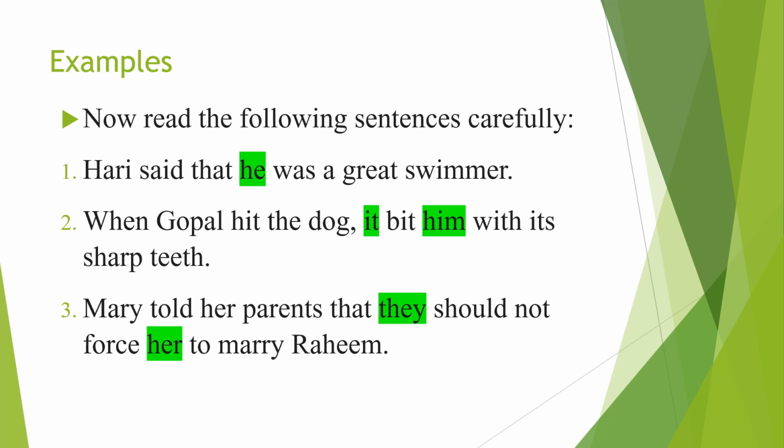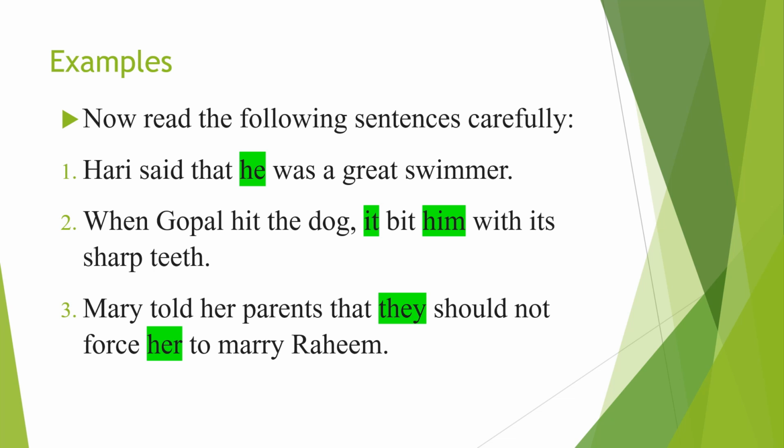Now let's examine again the same sentences. Harry, you know what is Harry? Harry is a name of a person. So we call it a noun. Harry is a noun. Now here it is used he. Harry said that he was a great swimmer.